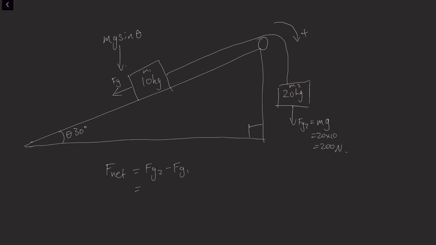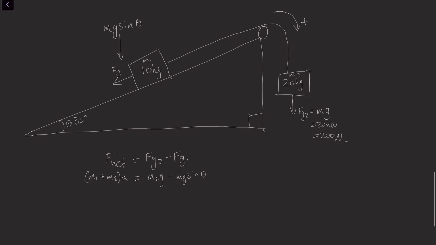The net force is mass times acceleration. Again, it's the sum of the entire system's mass times acceleration. And then this is m2g minus, and then again, careful, the force due to gravity of m1 is m1g sine theta. Rearrange to find a.